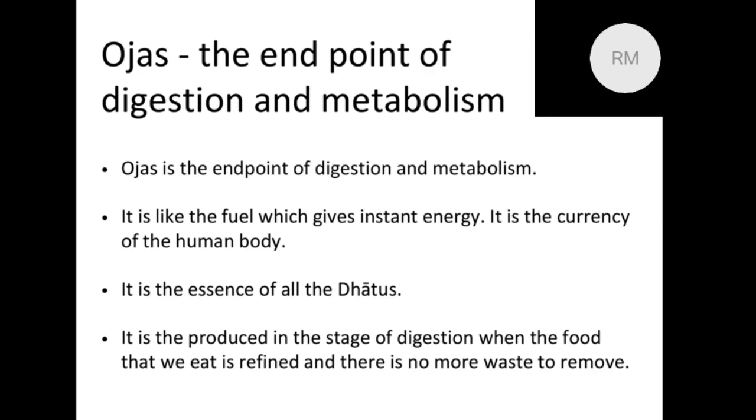So ojas is affected when you go through stress. Stress is the greatest enemy of ojas. So we can say that if your sympathetic nervous system is active, then ojas is lost.